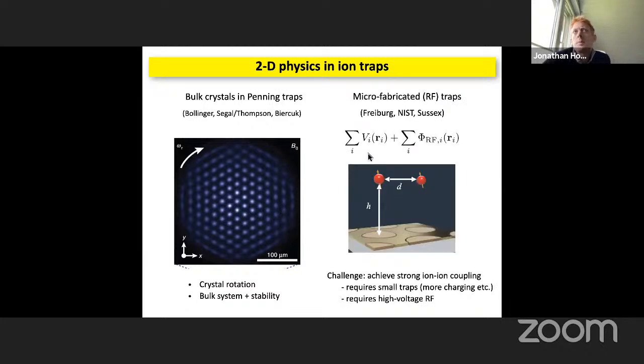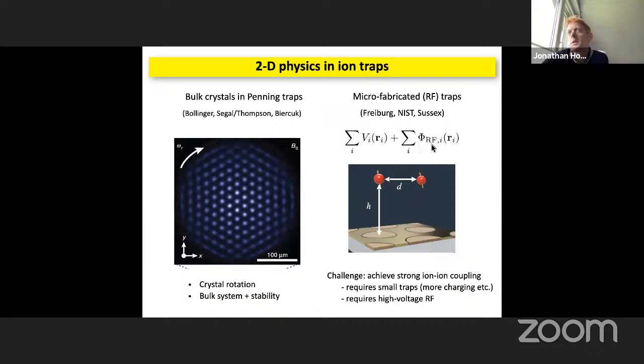The other way people try to go towards 2D physics in ion traps is in microfabricated radio frequency traps, where people in a number of different groups are working on that. The key there is not to go to a regime where ions sit in a larger RF field, but rather to provide a static quadrupole potential for each ion individually, and also an individual radio frequency potential for each ion, which is a confining or oscillating quadrupole.